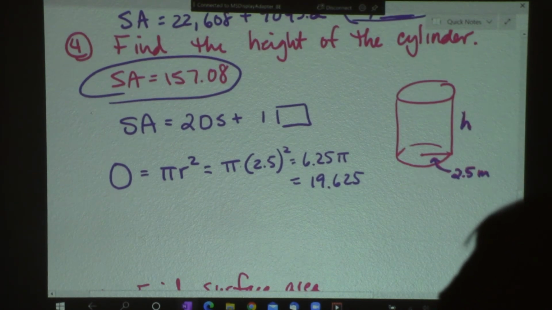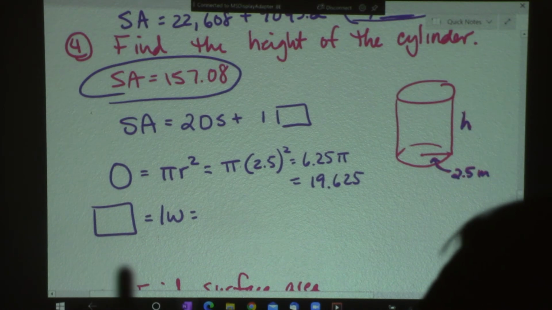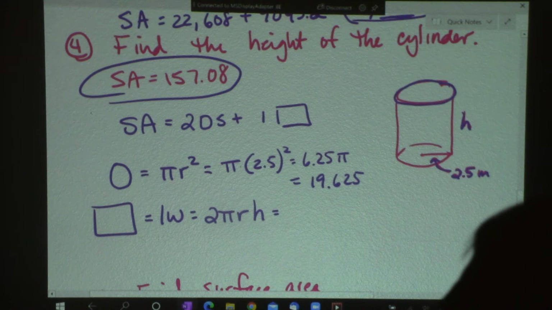Okay, now to get the rectangle, I'm going to have length times width, right? And I know the circumference of the circle is the length of my rectangle, and then I'm going to multiply that by the height. Okay, so let's see how that works out.